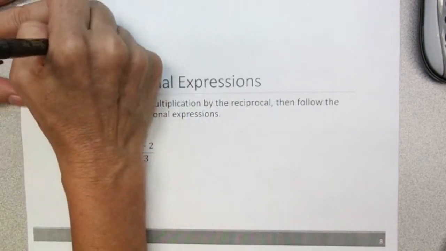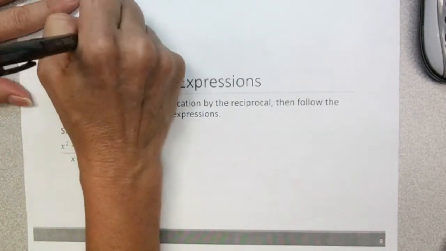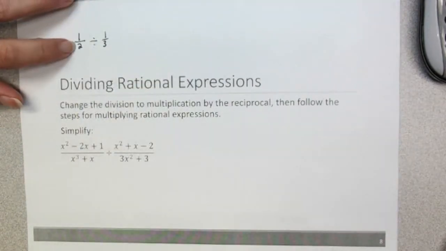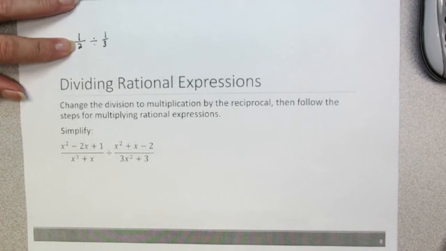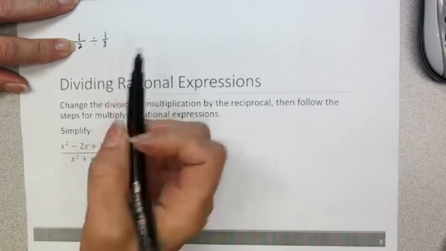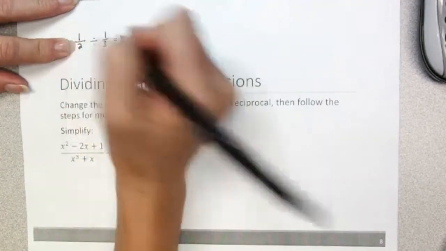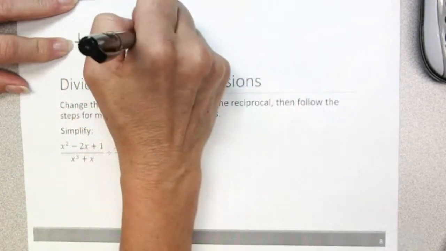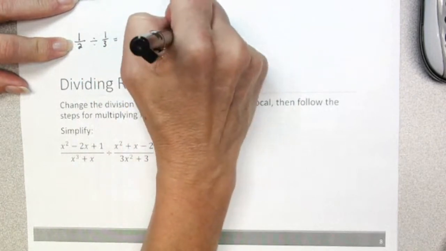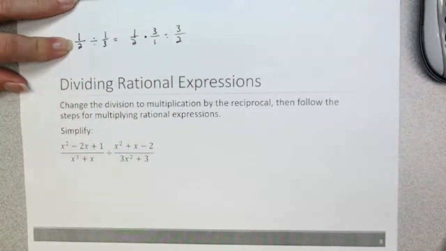Say I want to divide 1/2 by 1/3. What I want to do is change this to a multiplication problem by using the reciprocal of the divisor. So this then becomes 1/2 times 3 over 1, or 3/2.